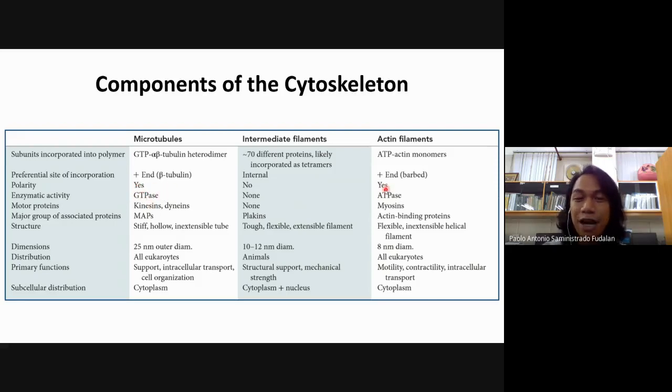For actin filaments, they need to use ATP, not GTP, in order to elongate. And then for intermediate filaments, they don't even need to use ATP or GTP to add or remove components from themselves. And then thank you for pointing out that intermediate filaments are actually found also in the nucleus.